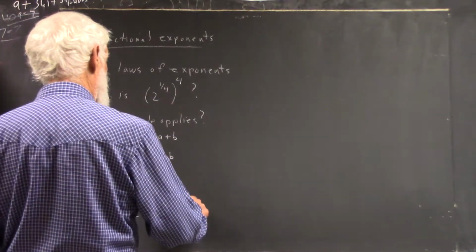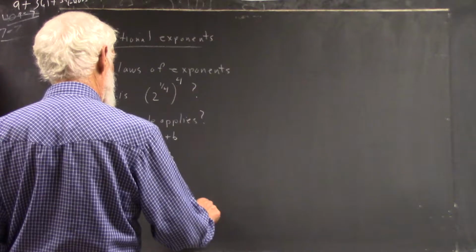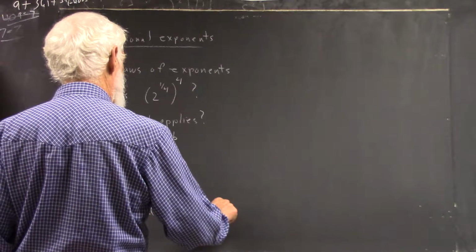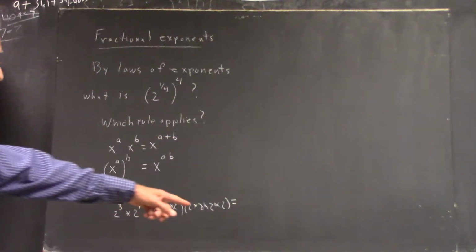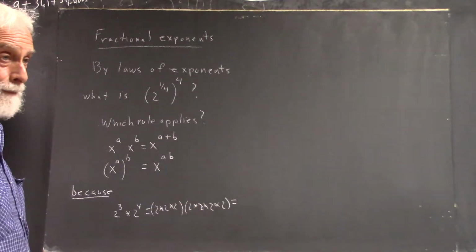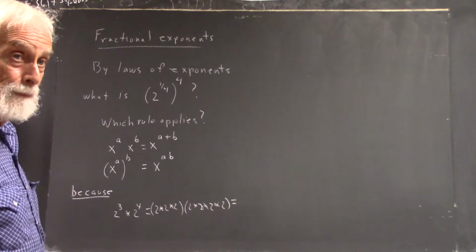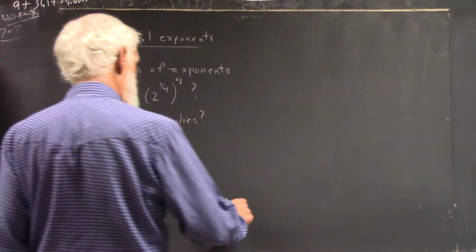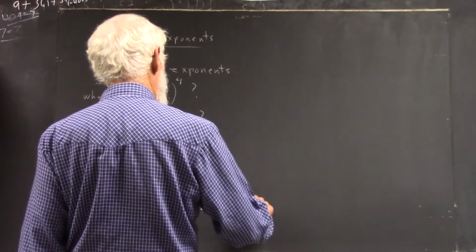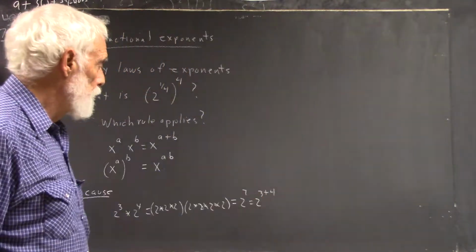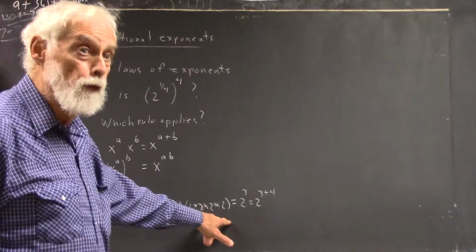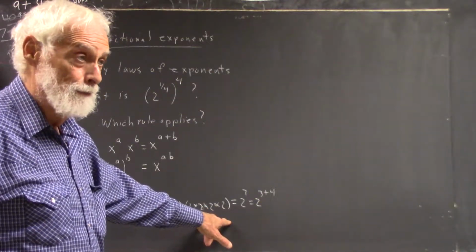What's 2 to the 4th mean? How many 2's you got there multiplied together? 7, right? What do you add? The 3 and the 4, because you got 3 of them here and you got 4 of them there, and you got 7 of them, right?